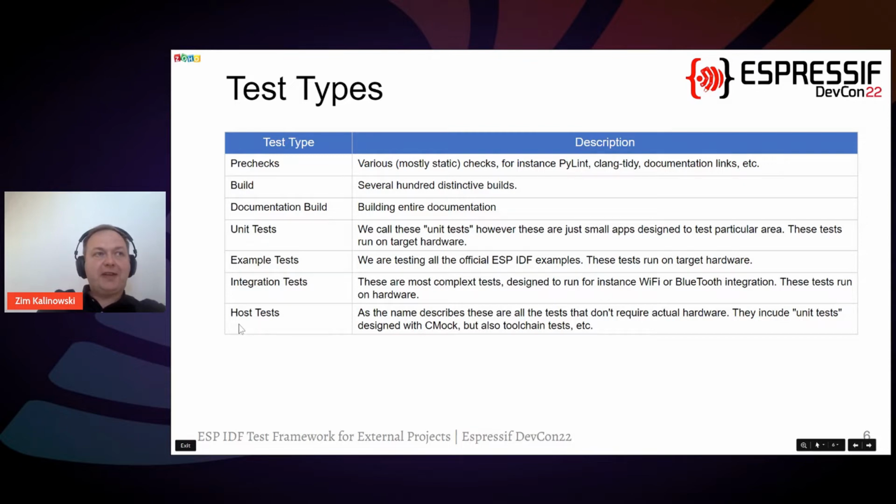Then we have the final category of tests. We call them host tests, and this is actually quite a wide category, because it includes all kinds of tests. The tests which could be called unit tests.